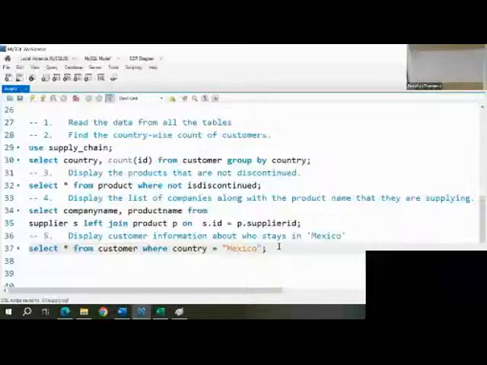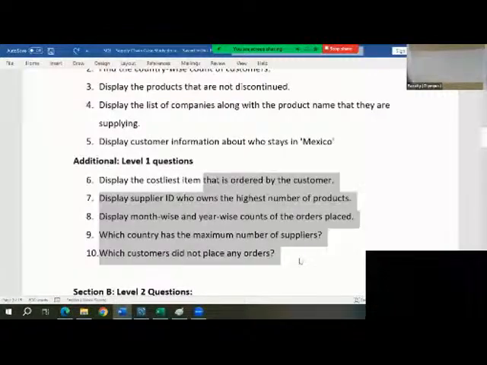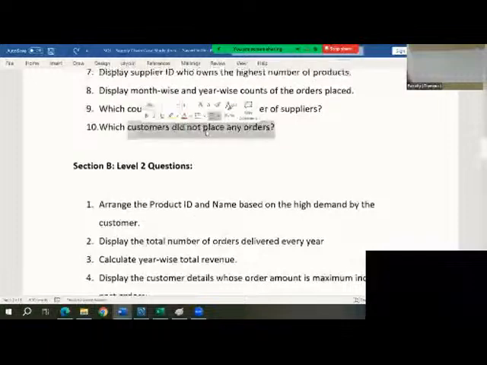Again, if you have any specific question here, just let me know. This question we solved yesterday, right? Which customers did not place any orders?